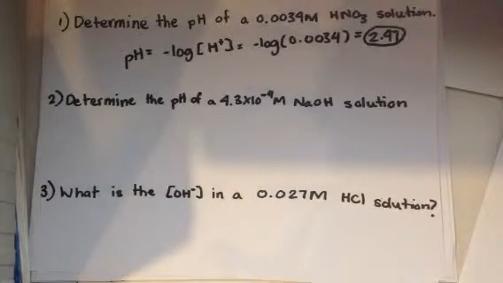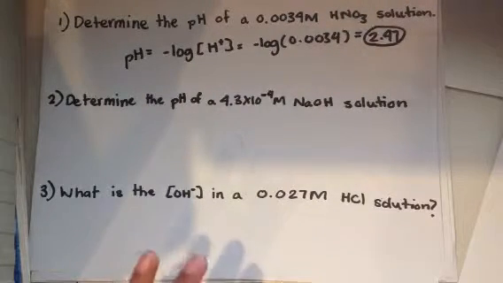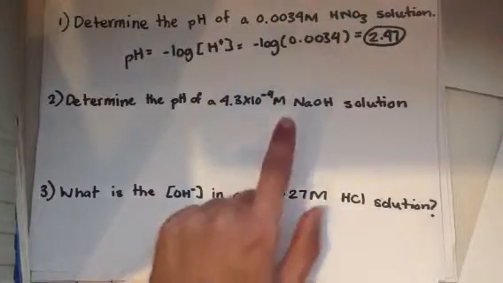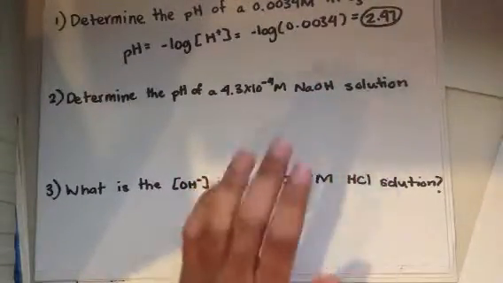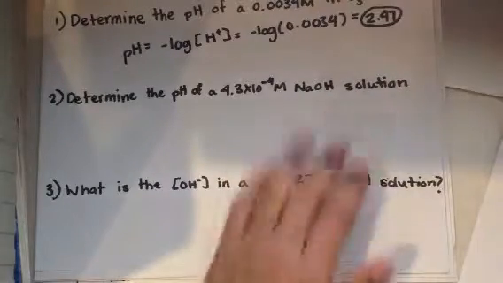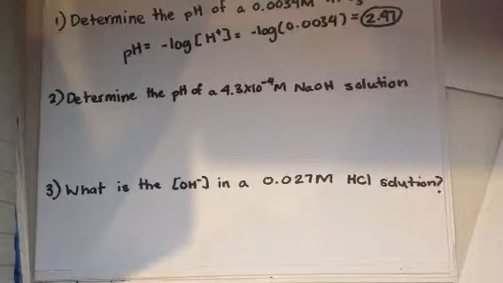The next question here is determine the pH of a 4.3 times 10 to the negative 4 molar sodium hydroxide solution. Now, sodium hydroxide, since it contains hydroxide, we can say is this a strong base, and in fact it is a strong base. You can see it's on the bottom of your data table, or you would know that if you had memorized them.